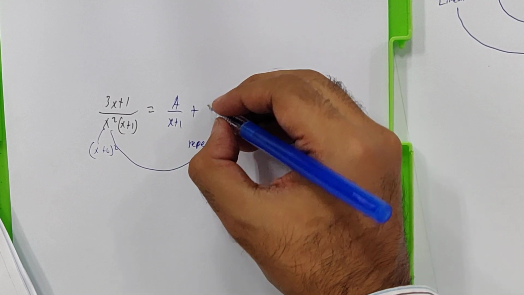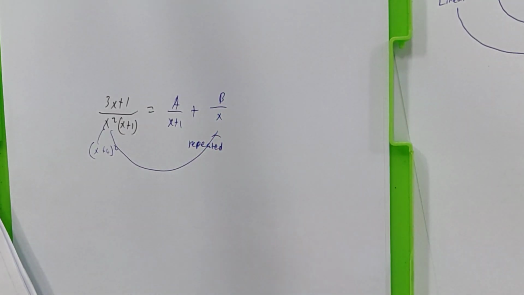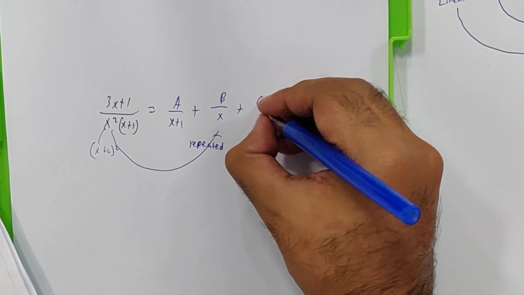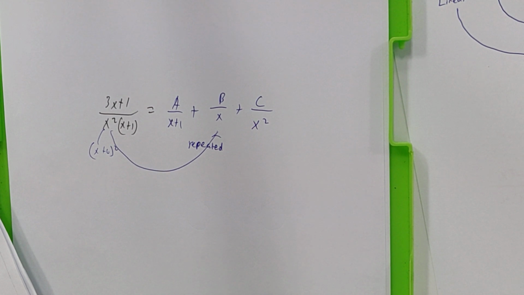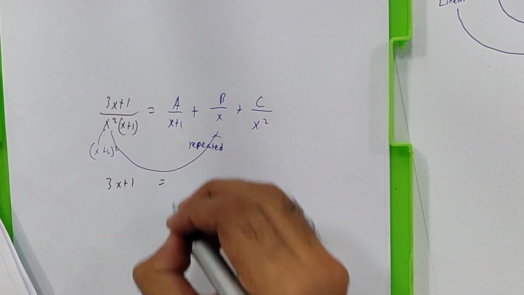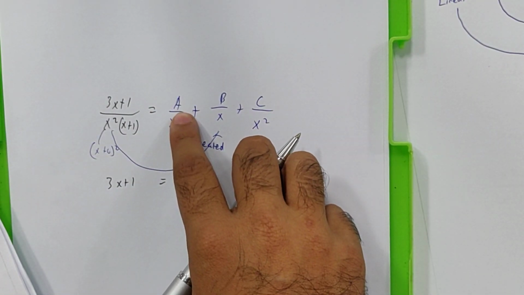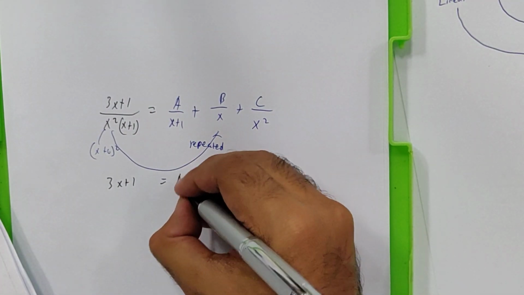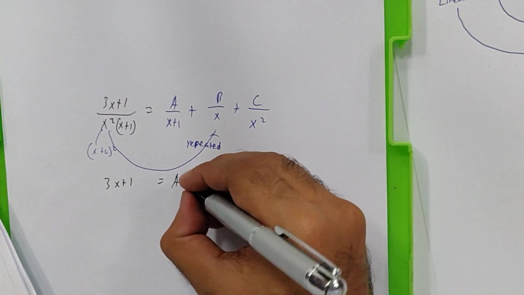So B over x plus C over x squared. Are you okay? So if I change this one, what will I get? 3x plus 1 equals to? What about this one? A times x squared.